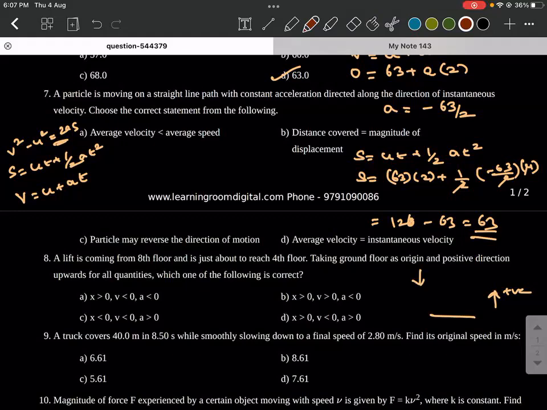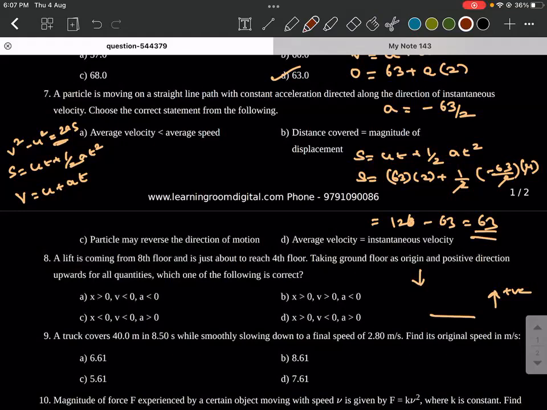Now, what can you say about the sign of displacement, velocity, and acceleration? Is the particle displaced in the positive direction or negative direction? So displacement is negative.